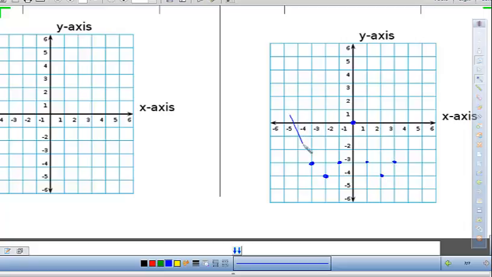Looks like our curve might look something like that. Okay, questions about this? Okay, very good.